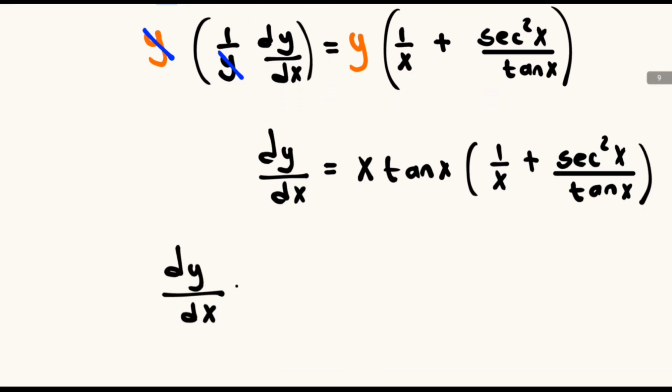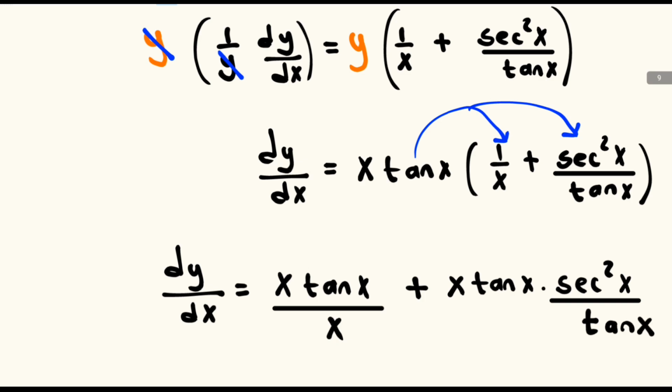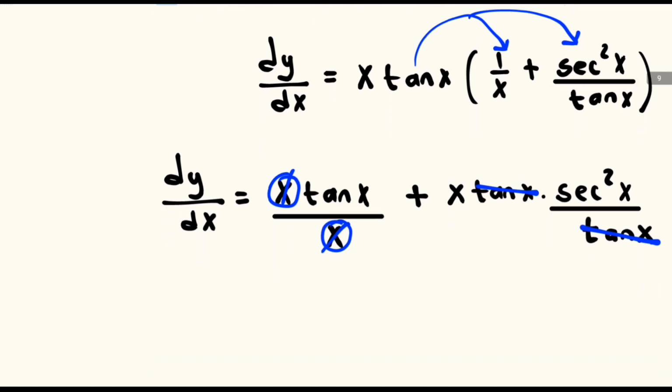We distribute the x multiplied by the tan x inside the parentheses, and this will be equal to x multiplied by tan x divided by the x plus the x multiplied by the tan x, and we multiply this by the sec squared x, and this is divided by the tan x, and that x and that x will cancel out, and that tan x and that tan x will cancel out.